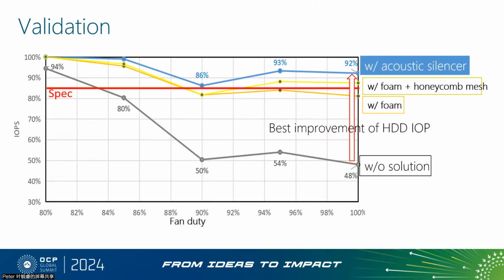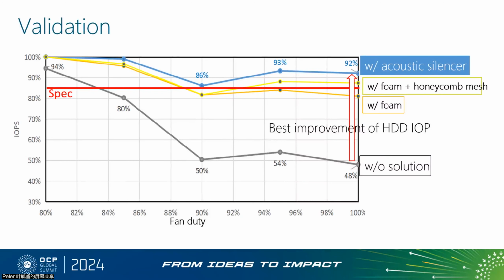However, through systematic validation, we have determined that an acoustical silencer, with cavities tailored to the susceptible frequencies of the HDDs, can markedly enhance HDD IOPS performance.